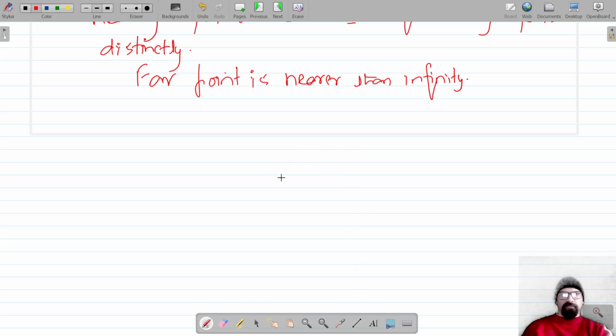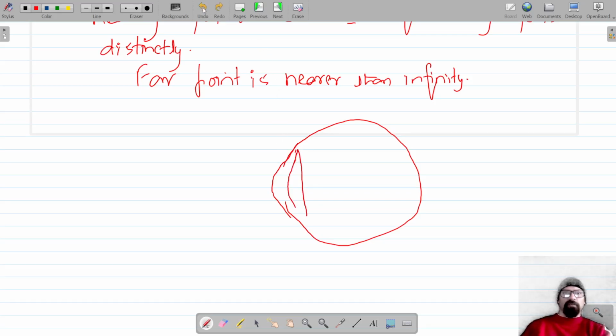Let's say this is the eyeball and these are the eyelids, and as I said, the far point is now nearer than infinity.